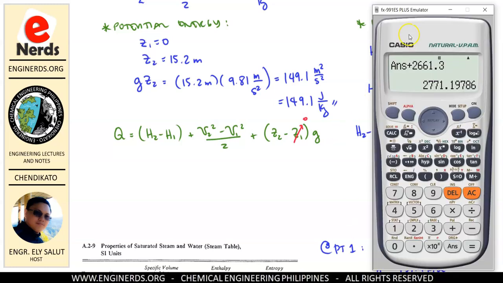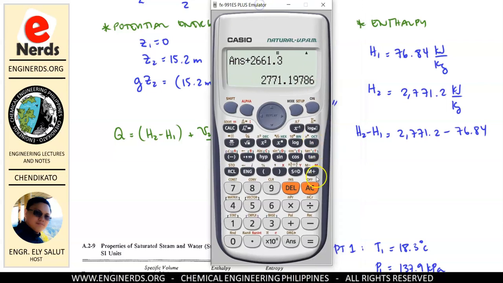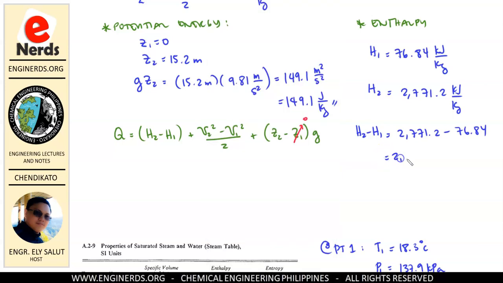So, let me solve that in our calculator. We have 2771.2 minus 76.84. So, we have 2694.4. Right? So, this is 2694.4. But our unit here is kilojoule per kilogram. Okay? Tulad ng nakasulat dito.